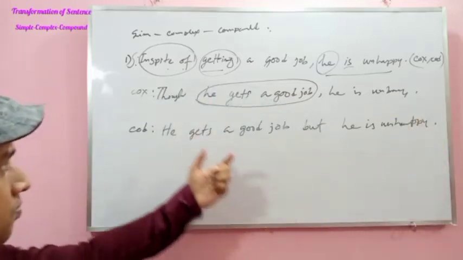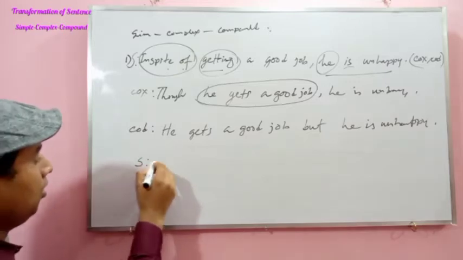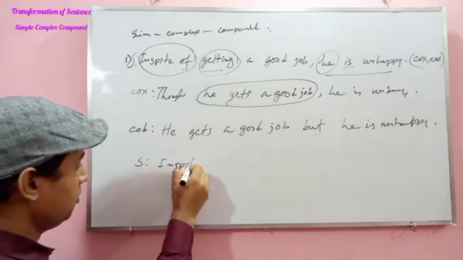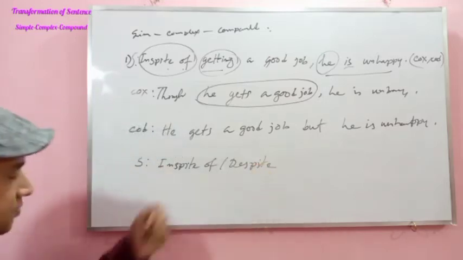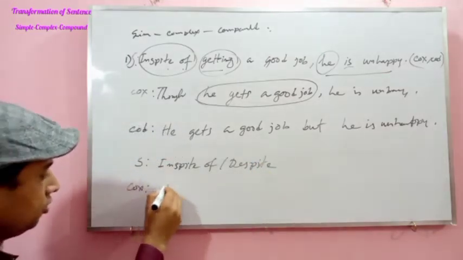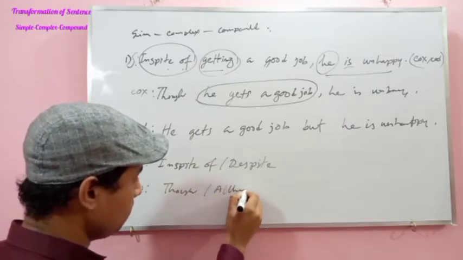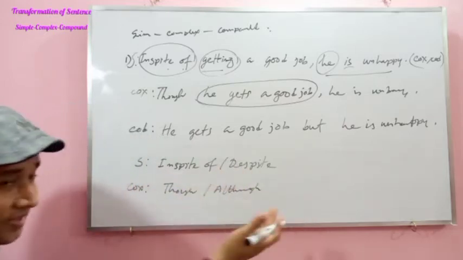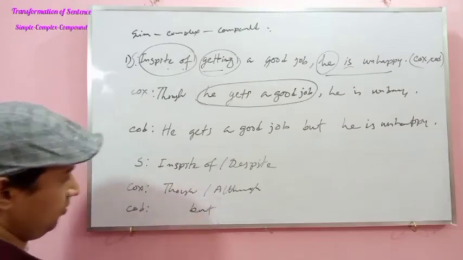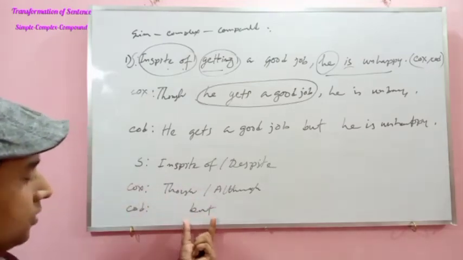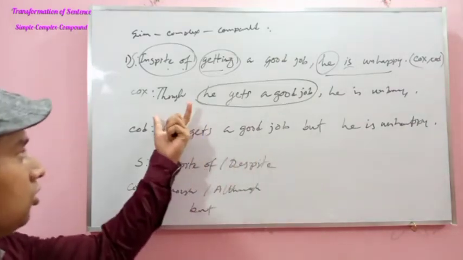Okay, I will repeat. When you find in spite of or despite in a simple sentence, you will give though or although in a complex sentence and but in a compound sentence. But is always used in the middle part, and though, although is used in the first part.